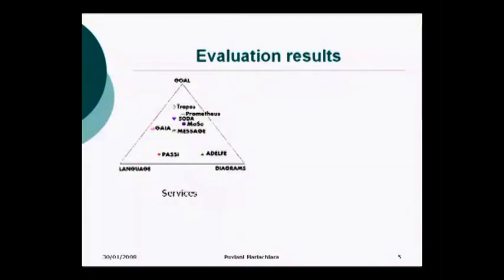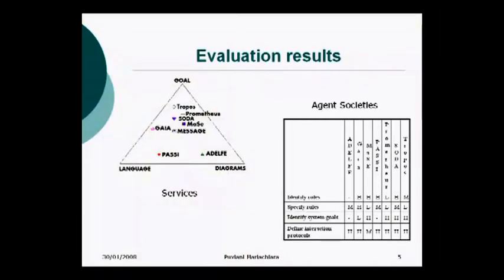Then with these criteria, as we can see in the figure for services and in the table for agent societies, we underline how much each methodology focuses on a specific criterion and how much they support it.